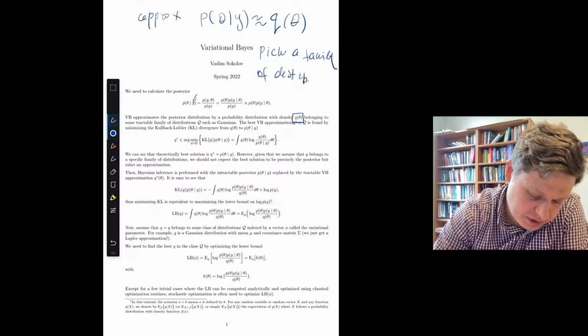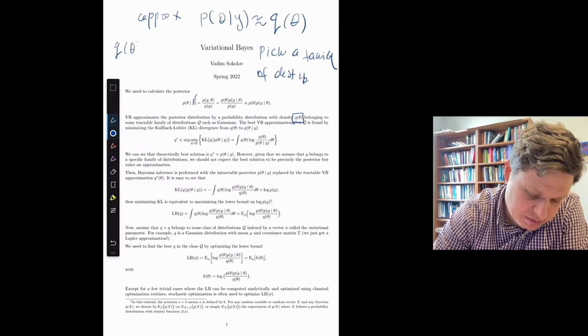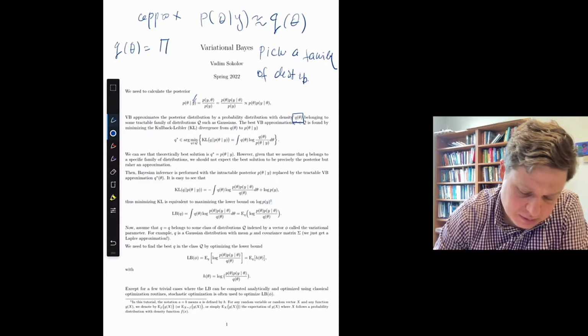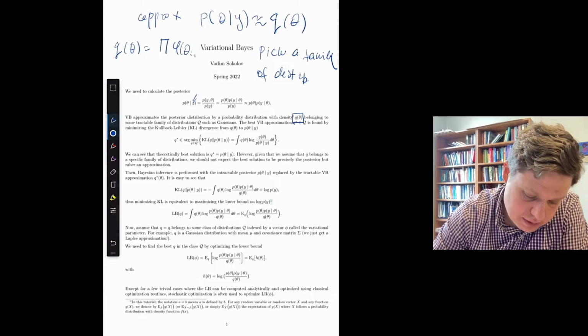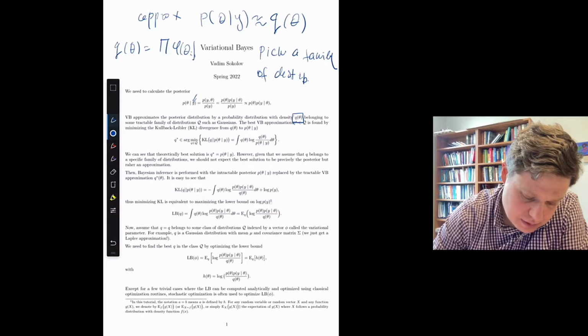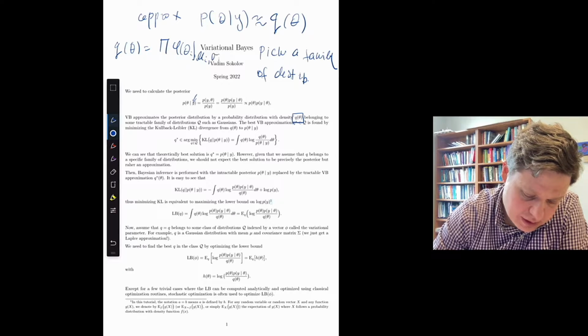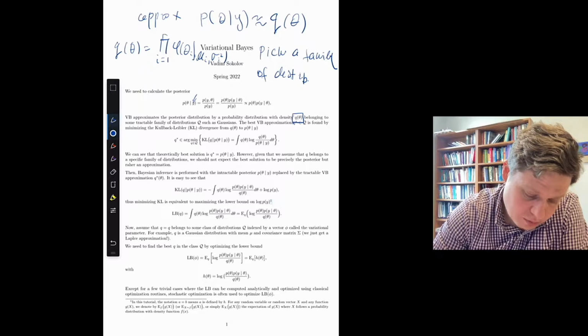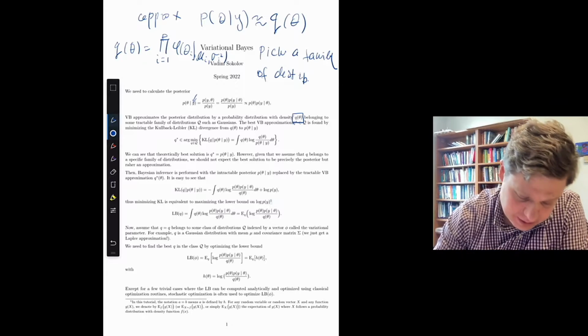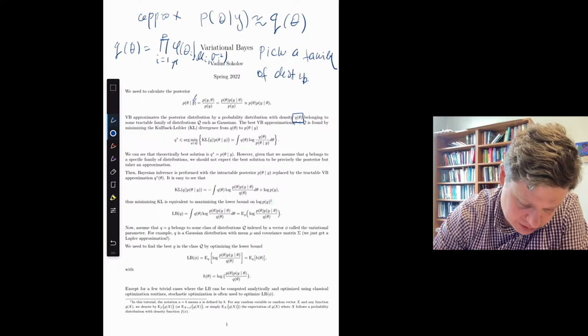Let's say the simplest possible family is q of theta is just the product of phi of theta_i given mu_i and sigma_i squared. It goes from 1 to p, so we have p parameters theta, and this one is just a normal density.